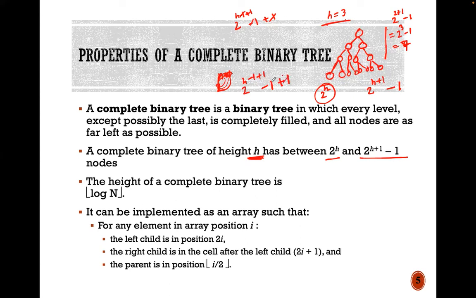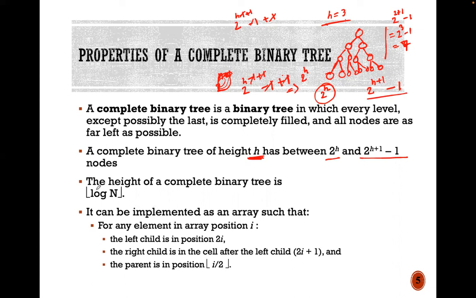So the minus 1 gets cancelled, and we find 2 to the power h. This is the minimum number of nodes and this is the maximum number of nodes.